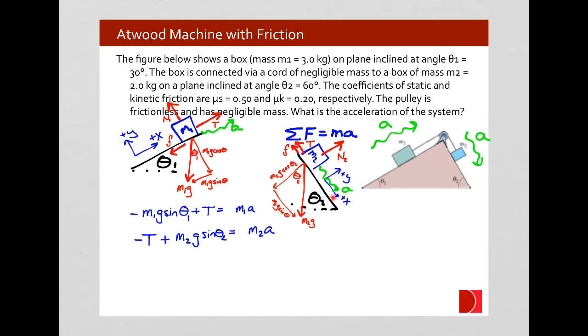The forces are still in the same directions relative to our coordinate systems. We just found out that the magnitudes of the forces, basically that tension is greater than the magnitude of this force, and that this force is greater than the magnitude of the tension, so that our accelerations end up being positive. What they also mean is that we have these forces of friction, and both of them are to the left. And that means that both of them should show up when we sum up the forces.